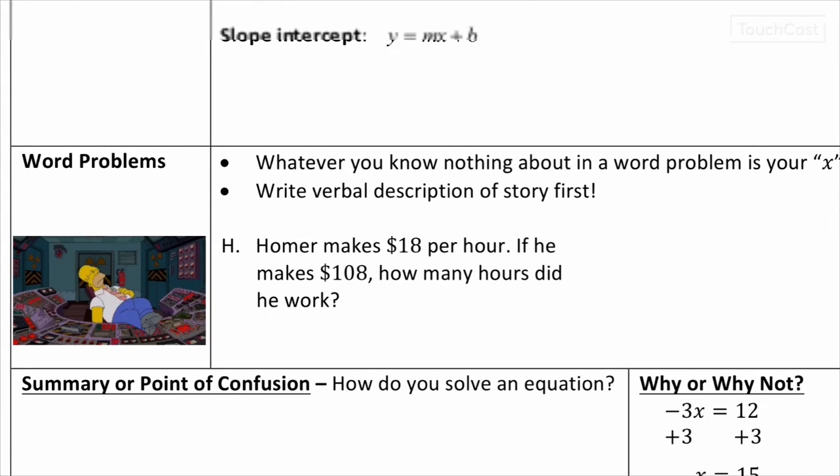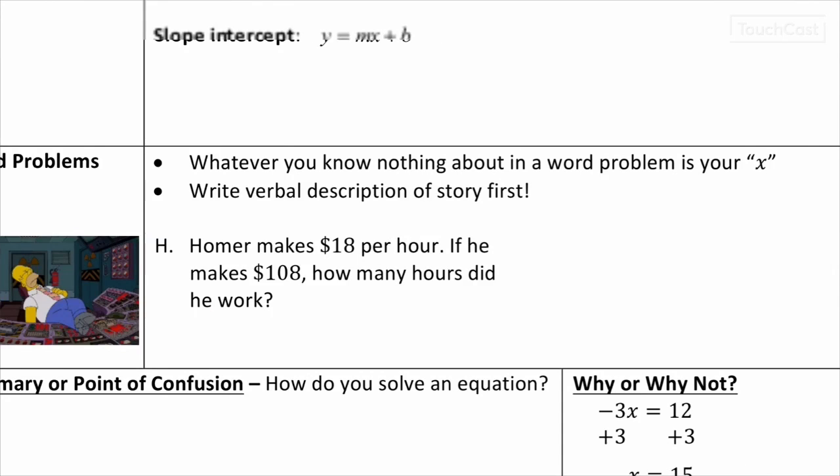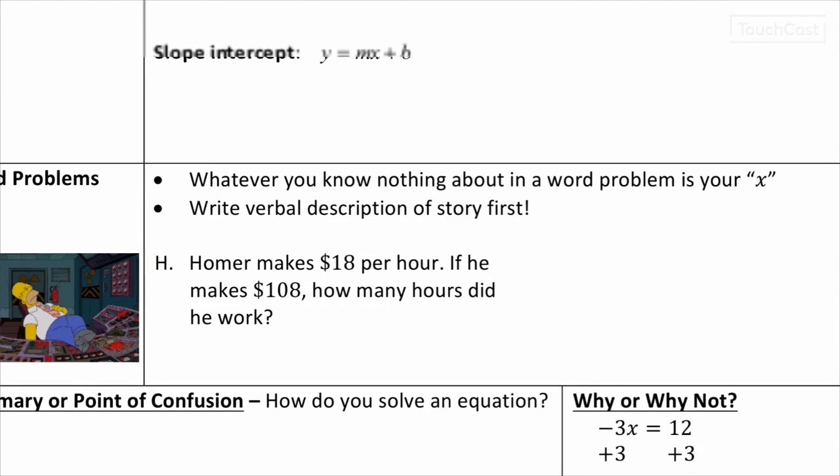Whatever you know nothing about, that's your x. Okay? So write a verbal description of the story first. So Homer's working $18 per hour. Okay?